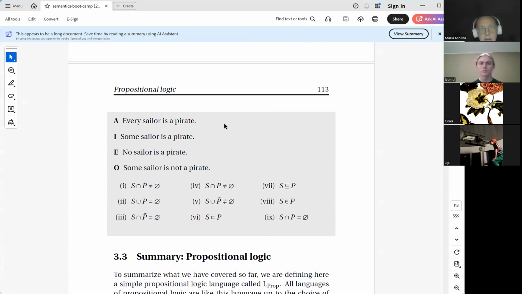And I think Seva must be correct here. So no sailor is a non-pirate. So I think they're equivalent.